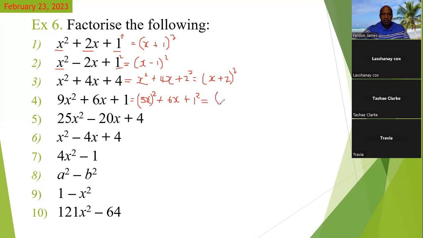Sir, how did you get the 1 squared? Because we have to ensure that the first and last term can be written in a square form. So we know that if we square 1, if we multiply 1 by itself, we get back 1. So it's the same as 1 squared. You agree? Okay, sir.